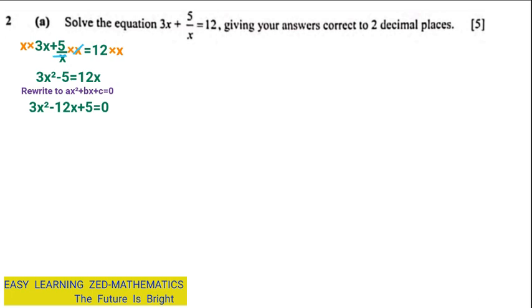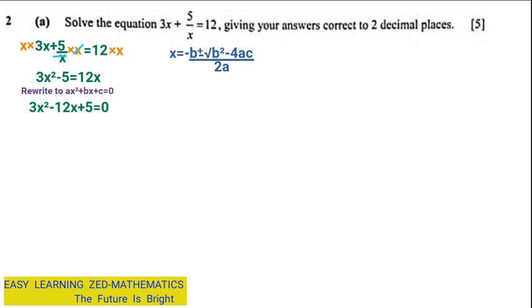So the formula is x is equal to negative b plus or minus the square root of b squared minus 4ac, that divided by 2a. Okay, once I've written this formula, the next thing I'm going to do is replace the letters by the values.